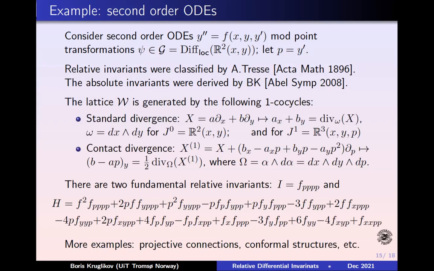Now the lattice of weights here is generated by 1-cocycles, which are precisely those 1-cocycles which you saw in the case of projective action. Okay, so there's one divergence here and there's another divergence here. However, now the algebra is different. Now the algebra consists of all vector fields on the plane, and it's represented in functions.